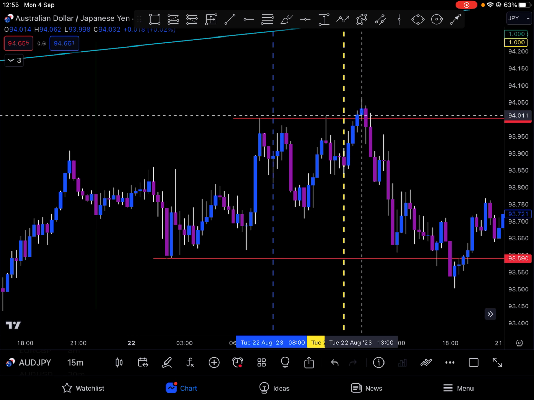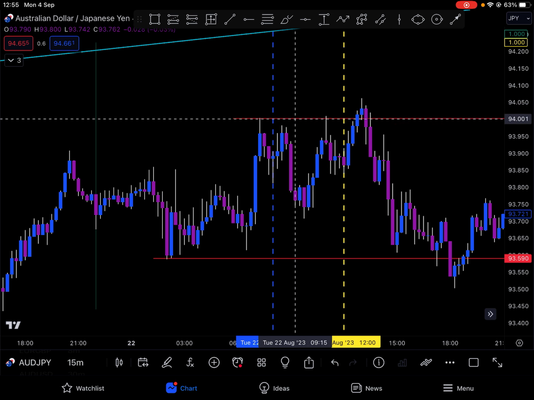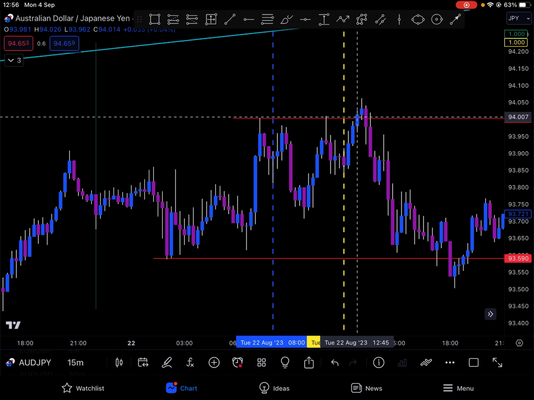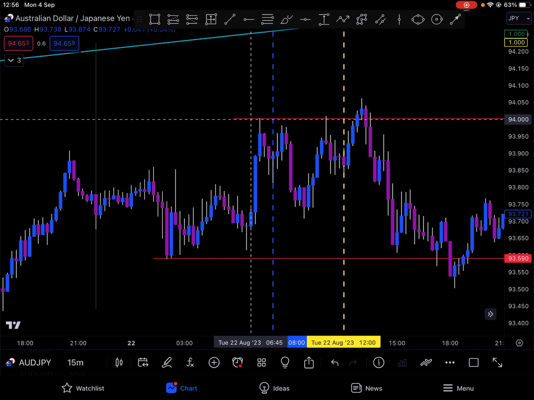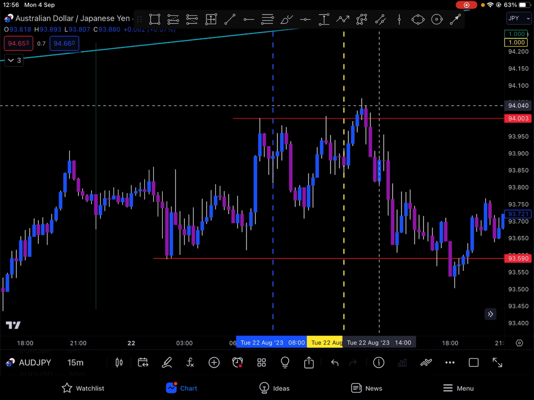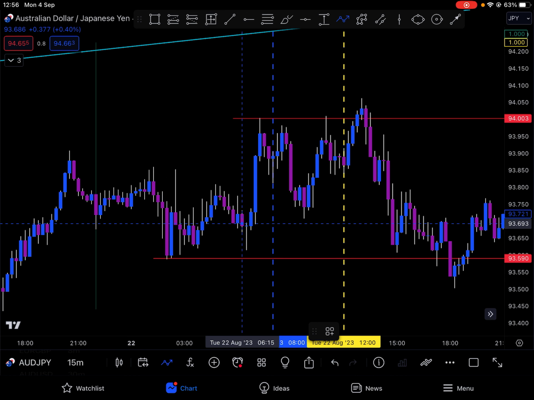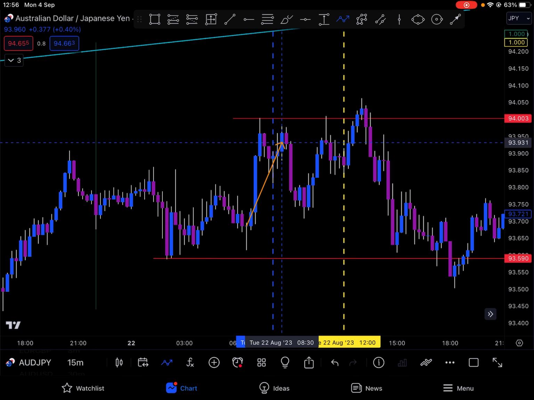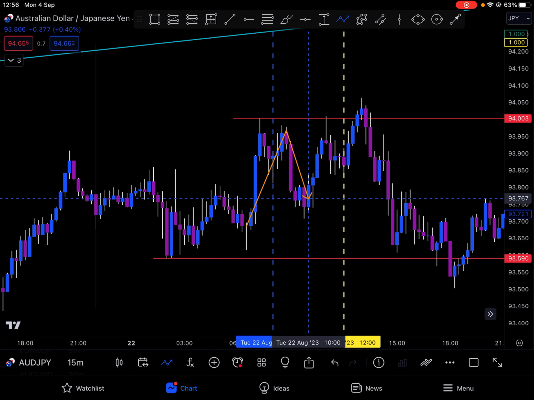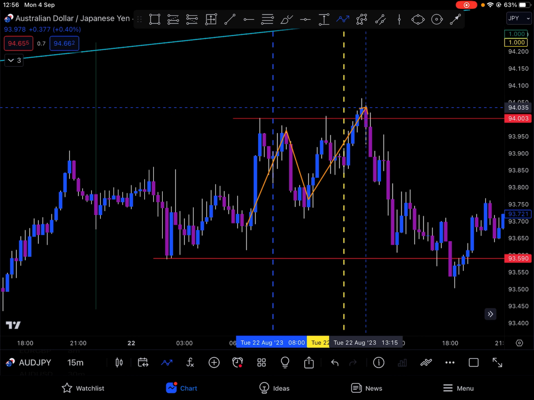So what you have to do is wait for a break, and you have to let a candle close above the Asian range, the Asian session high. So over here we got that clearly, and you can see that the first leg was over here, this. So this was the second leg.